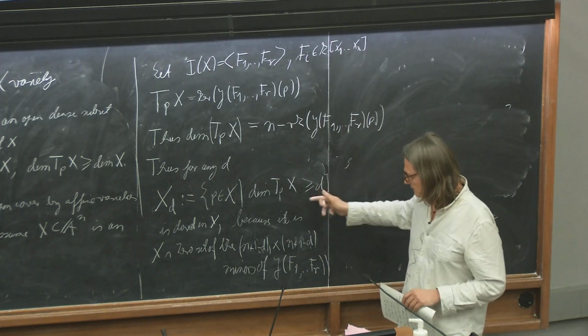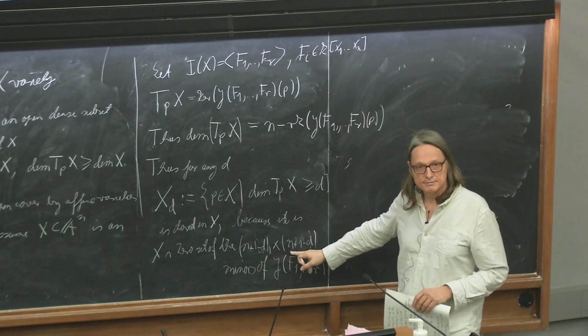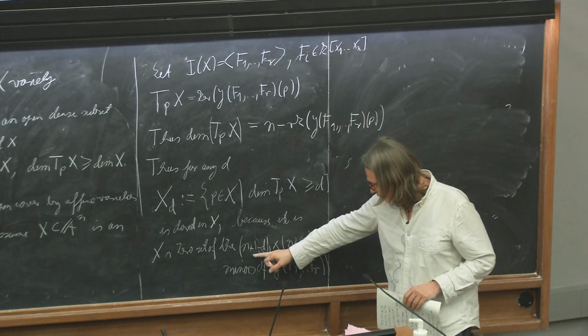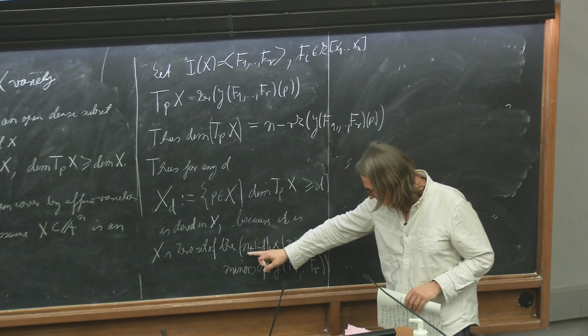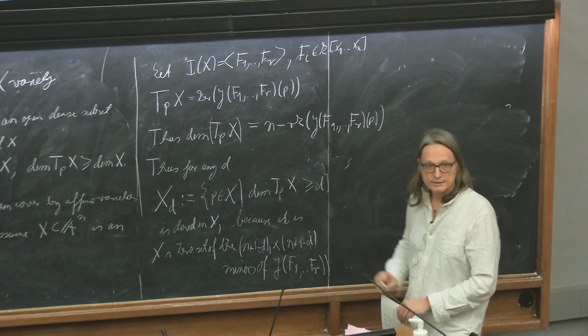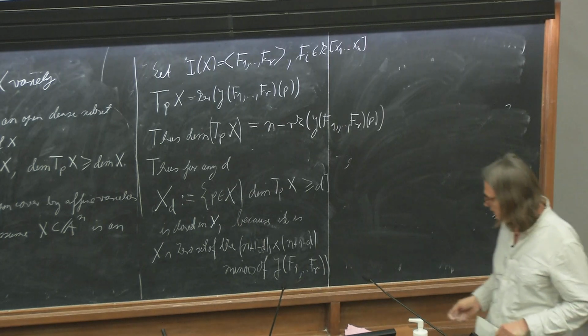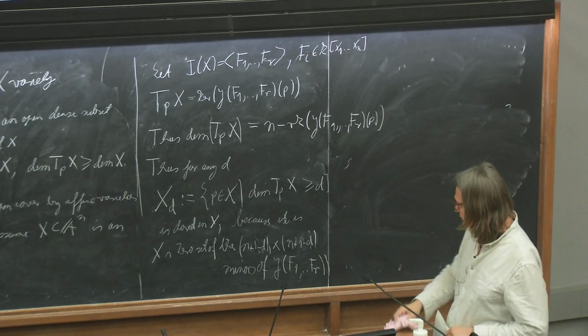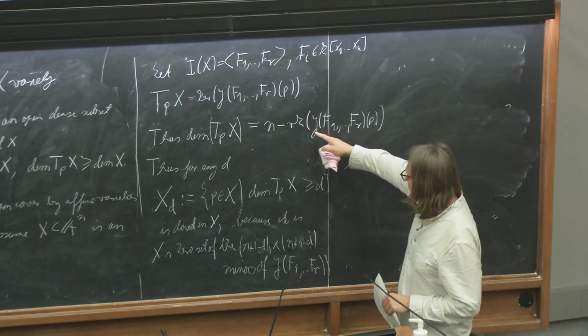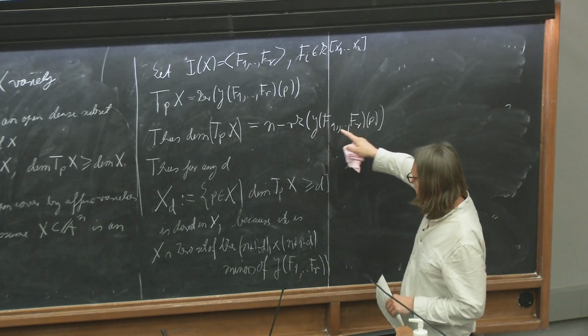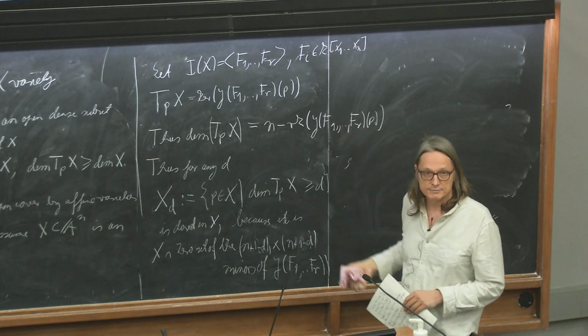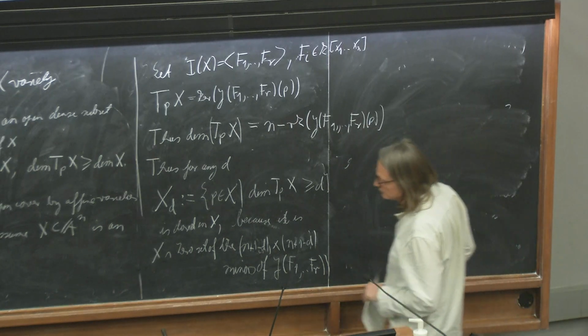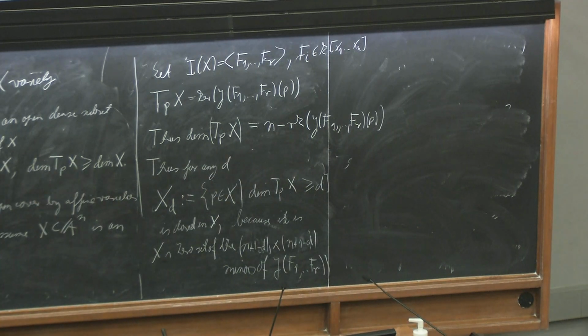Because it should be bigger or equal to this, and vanishing of this minor makes the rank smaller, equal to n minus d, and so that is right. Okay, and so it's a closed subset because this is a matrix whose coefficients are polynomials, and the minors are just polynomials, and we have the zero set of those. So we know at least that this is closed.